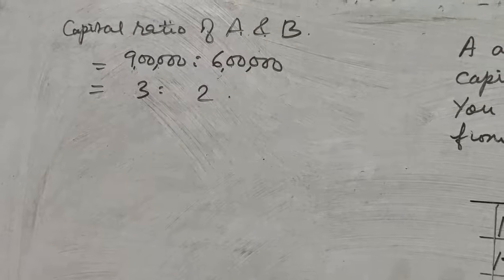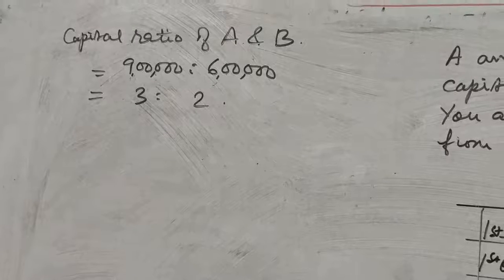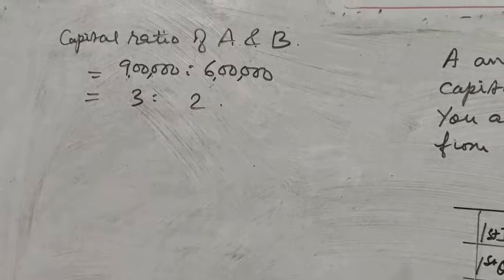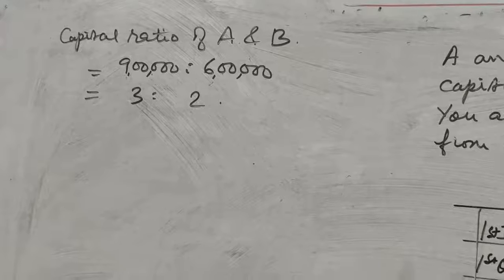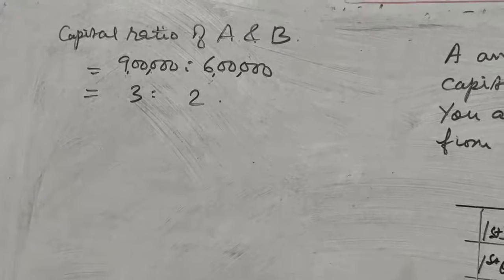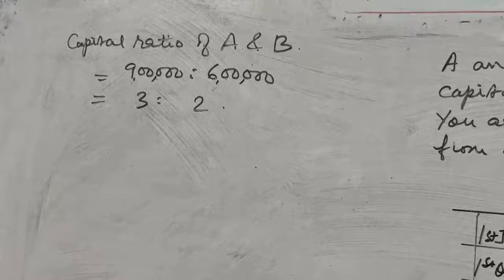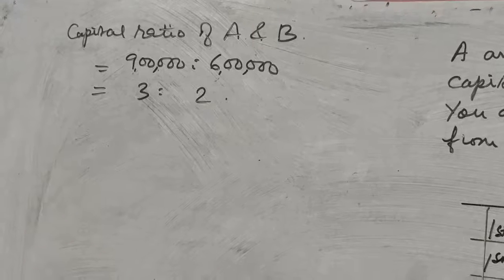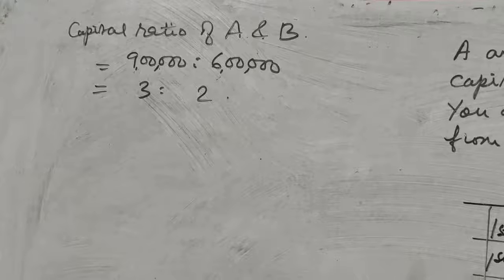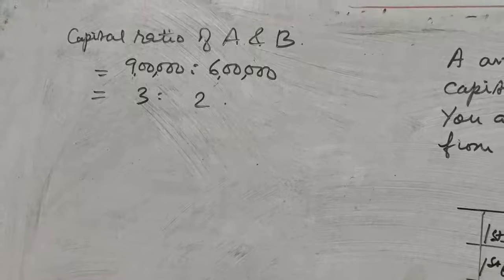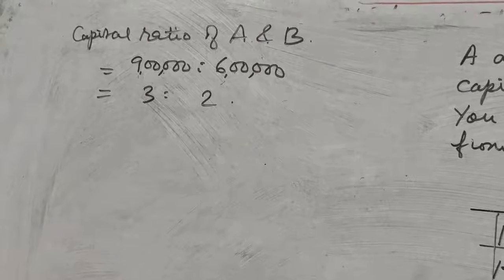But if it is given that the profits will be divided in the capital ratio, we will follow this particular concept of finding out capital employed by each partner by the weighted average method. Now, in the case of fixed capital, it is not a big problem.